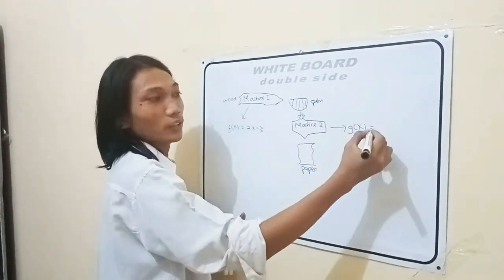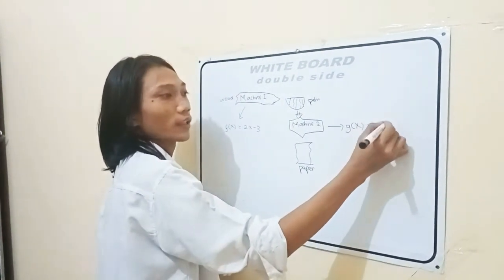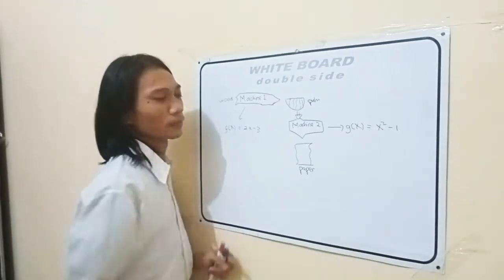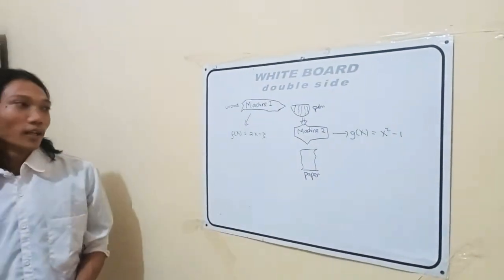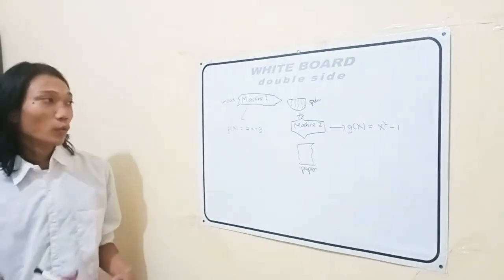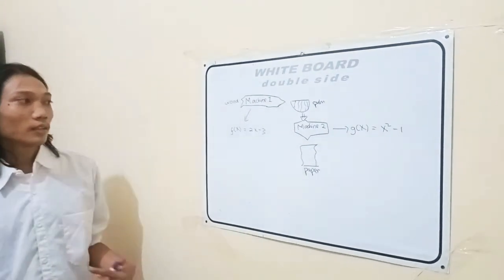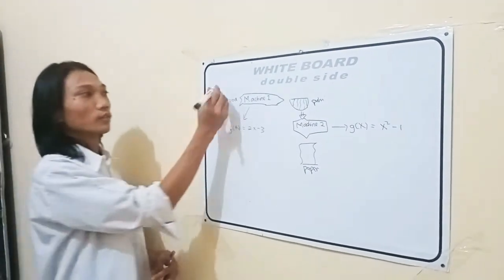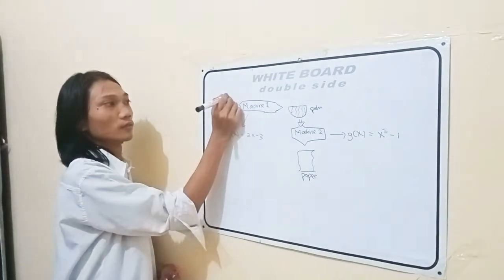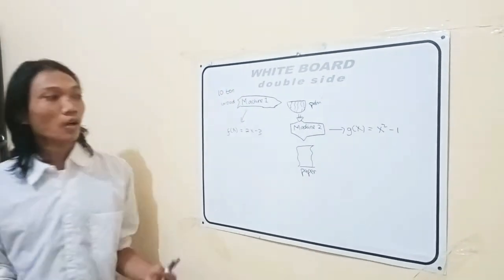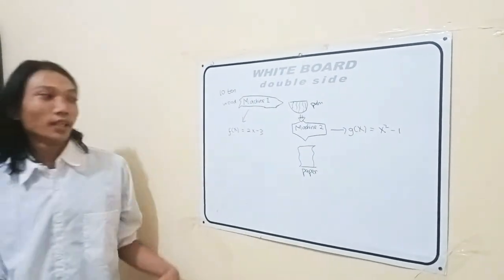The formula of g(x) is x squared minus 1. Okay? And if we have 10 tons of wood, how much paper do we have?